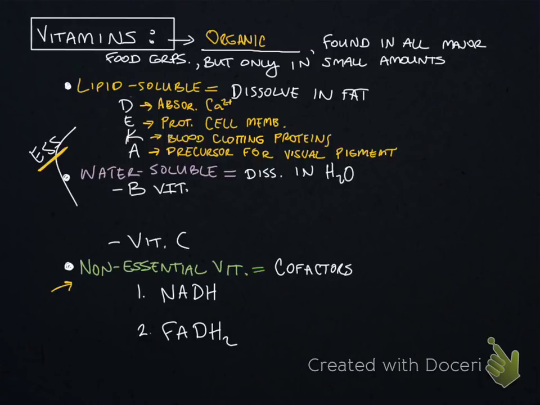There are many different B vitamins, so I'm going to have to draw these out to the side. Most of them are involved in either metabolism or some sort of nutrient oxidation. So vitamin B1 or thiamine is used for carbohydrate metabolism.